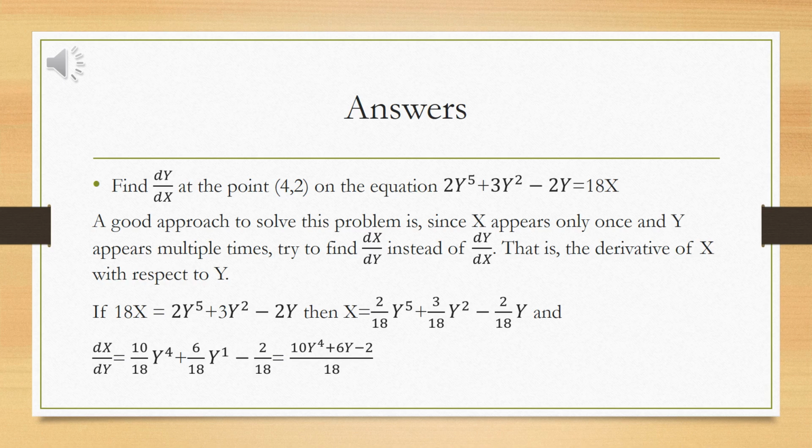If 18x equals 2y^5 + 3y^2 - 2y, then x equals 2/18 y^5 + 3/18 y^2 - 2/18 y, and dx by dy equals 10/18 y^4 + 6/18 y - 2/18. So dx by dy equals (10y^4 + 6y - 2) over 18.